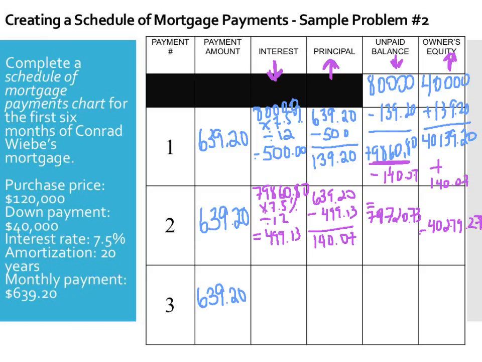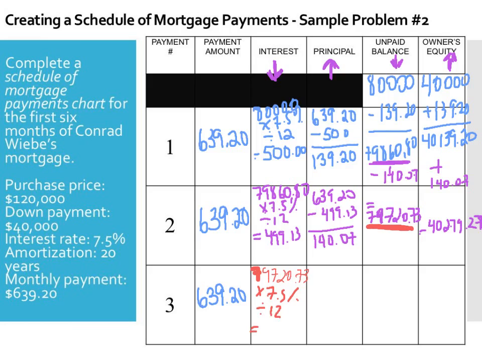Then we can continue doing that for the next month, so I'll just put in the answers quickly. Again, I change the interest by using the previous month's unpaid balance. So I'm going to start off with 79,720.73, times 7.5%, and divide by 12.